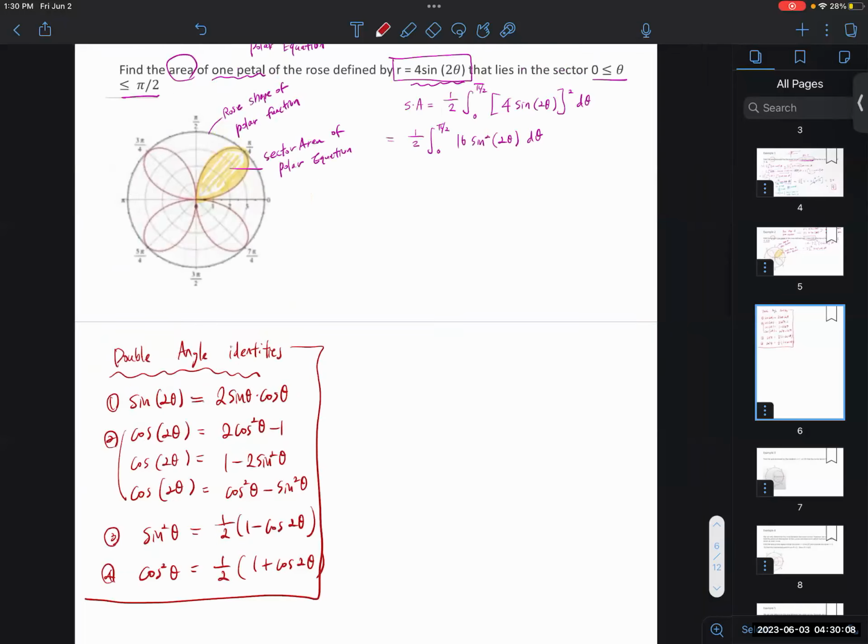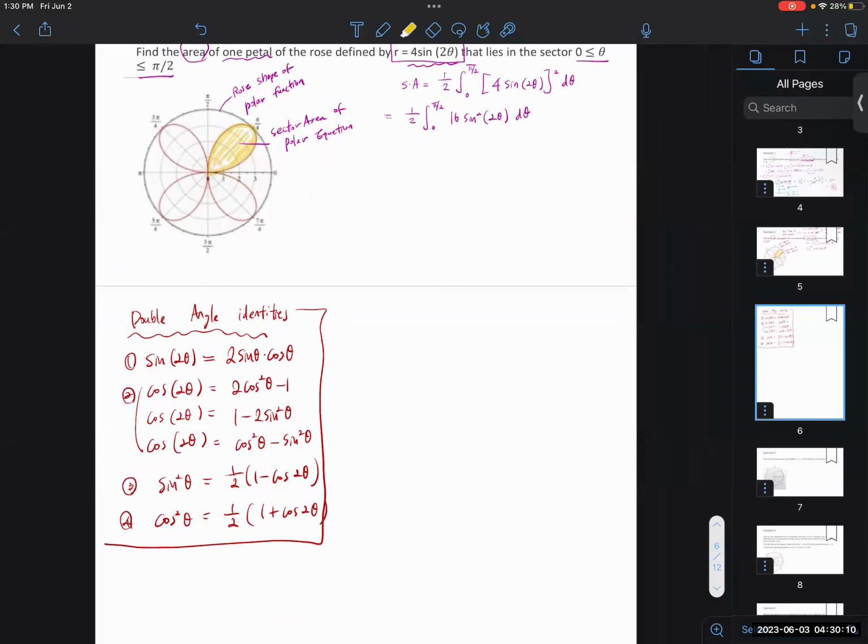So let's take a look. This guy is bugging me: sine squared theta. This is a second power, and there is a double, right? So what are we going to do? We can convert it with this identity. So this is 1 over 2, from 0 to pi over 2, 16 stays there.